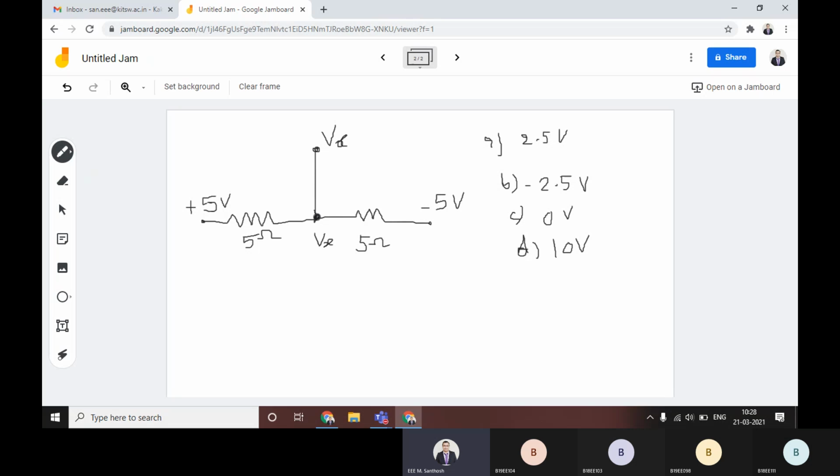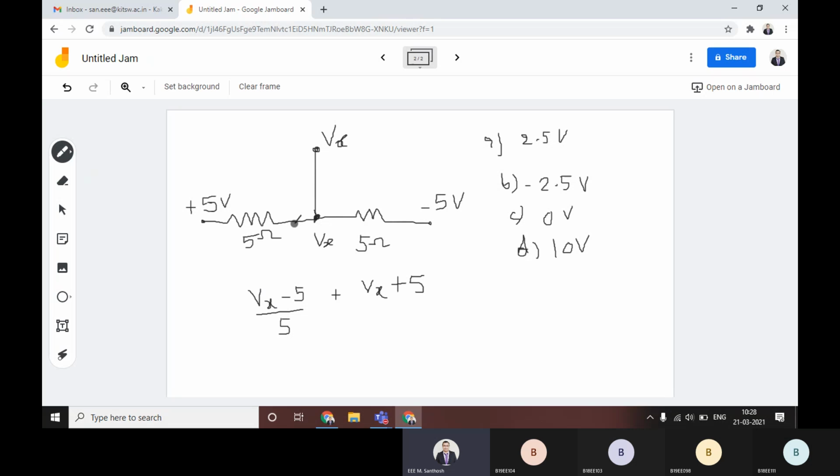Then you can solve with KCL also. If you apply KCL here, the equation will be Vx minus 5, this element I am writing, Vx minus 5 by 5, plus Vx plus 5, this is another current.